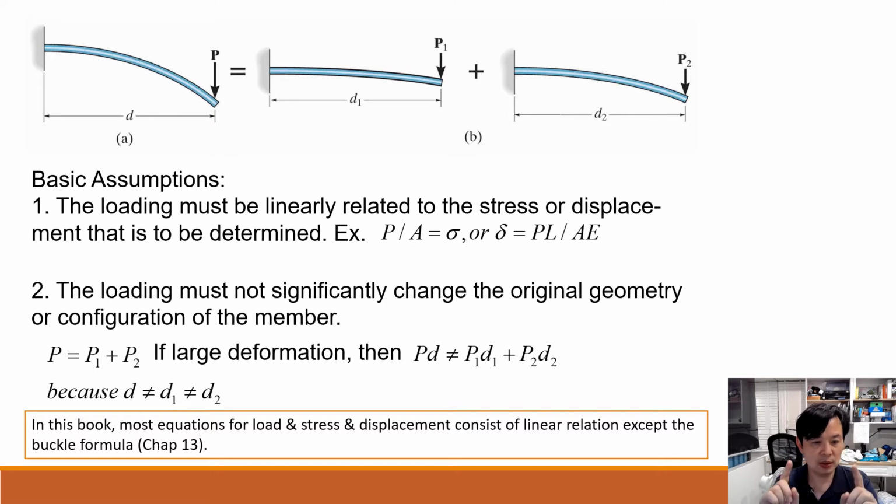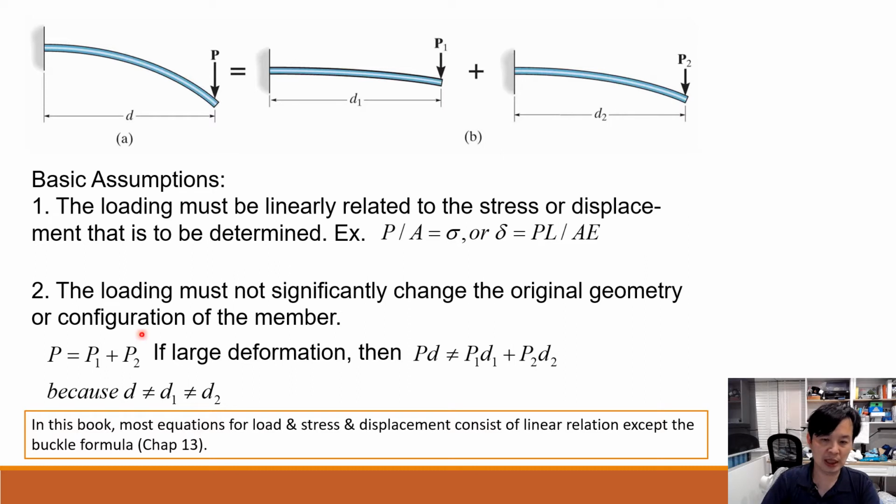Okay, so the loading in this case, first of all, loading must be linear, proportional to the stress and strain, and displacement, which means your input, for example, force or moment on the component, and the output would be stress and displacement, but you need to confirm that their relation should be linear.